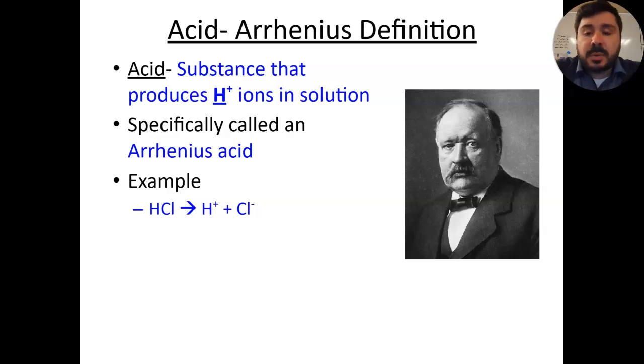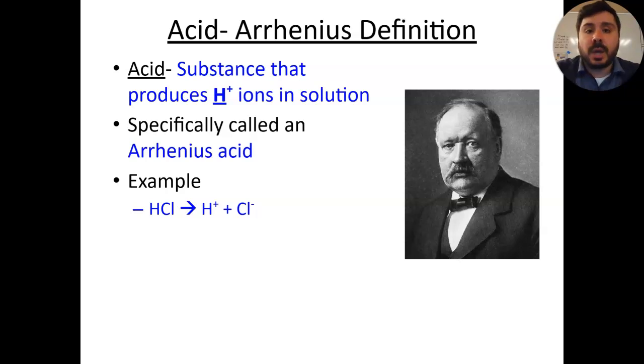Now, this particular substance, HCl, can be referred to as an Arrhenius acid because when you take HCl and you mix it with water, and you create a solution out of it, this particular substance, HCl, produces these H plus ions in the solution of water, right? So an aqueous solution of HCl is going to produce these H plus ions that you're looking for, right?